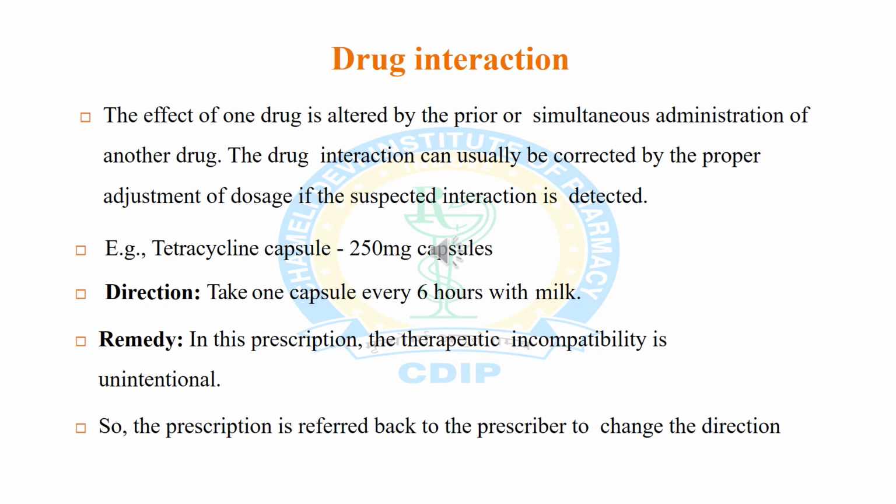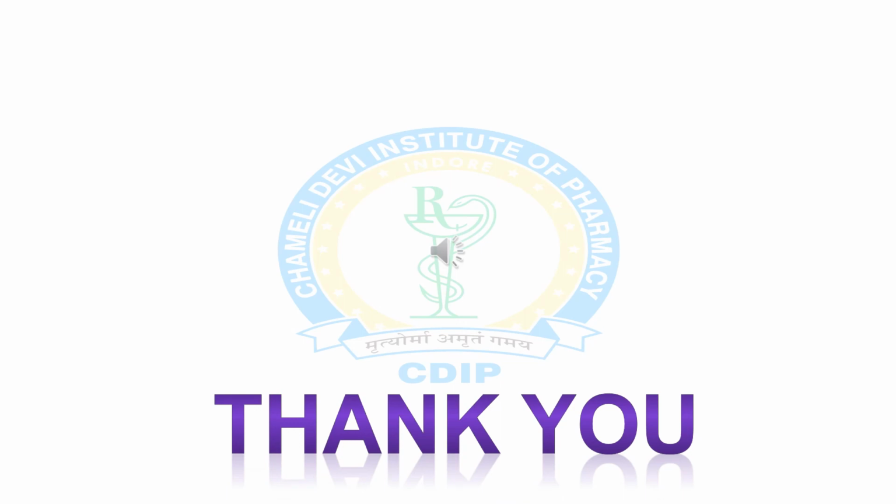So tetracycline capsules should not be taken with milk. In this prescription, the therapeutic incompatibility is unintentional, so this type of prescription is referred back to the prescriber to change the direction. So this is the brief overview about chemical incompatibilities and therapeutic incompatibilities. Thank you.